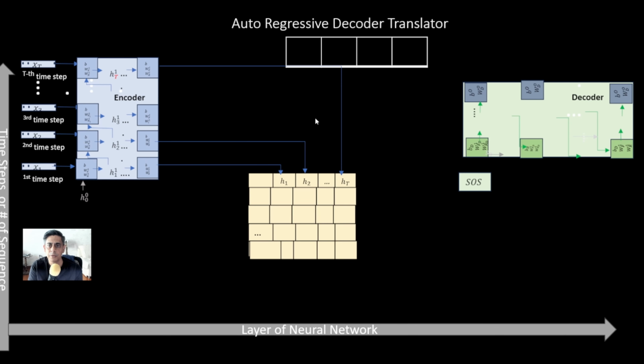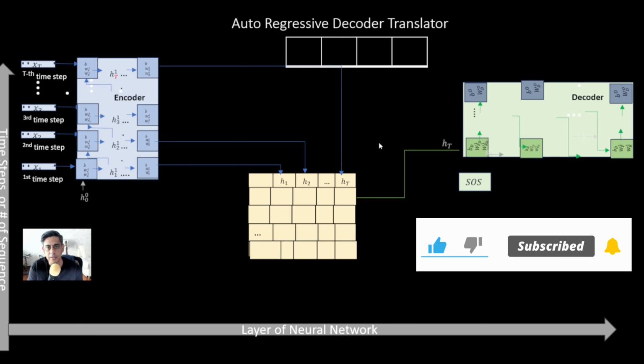So fine, now the SOS has come, the first word has arrived, and what happens now? We have this HT, which is the initial state for the decoder, but as we know, that initial state is also connected with the encoder output. This hidden state, which is the ST, is going to inquire the attention layer: for all your encoder outputs, what is going to be the attention weight.